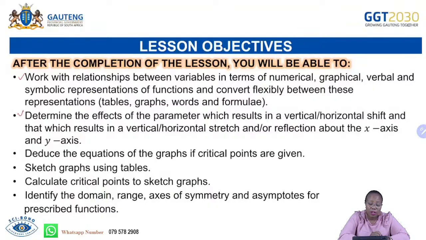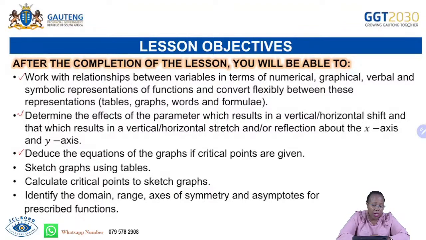Secondly, you will be able to determine the effect of the parameters which results in a vertical or horizontal shift of your graph, and that which results in a vertical or horizontal stretch, and/or reflecting about the x-axis and your y-axis.